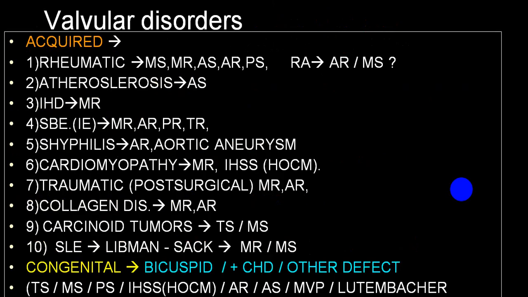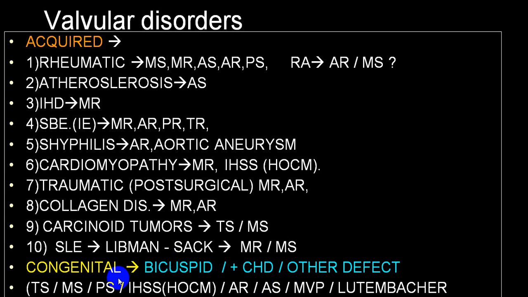We divide the etiology into two big groups, acquired and congenital. Already we have mentioned that congenital can be bicuspid, or associated with other defects. The common congenital defects which can be bicuspid and may have stenosis are pulmonary stenosis and aortic stenosis.